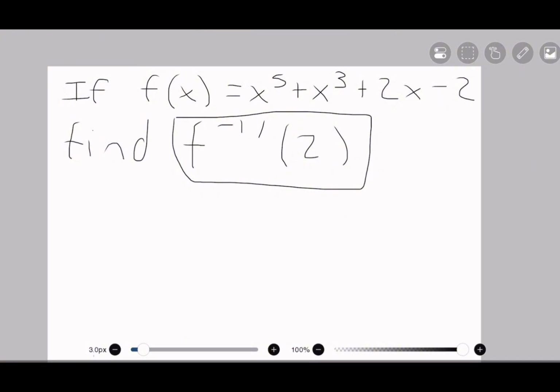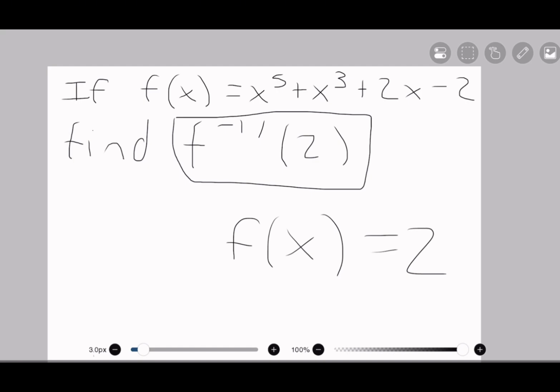So by saying that your inverse x will be 2, that's basically saying in the original problem, you want the y to equal 2.